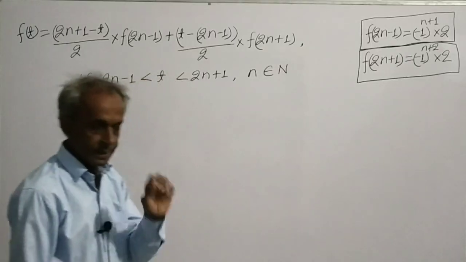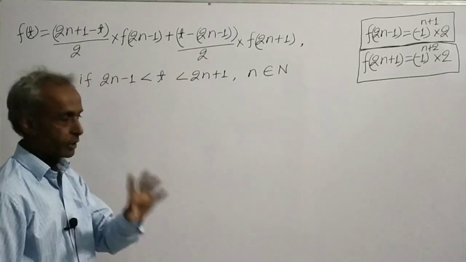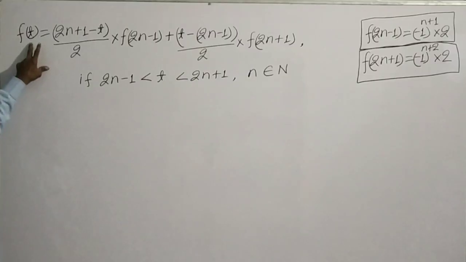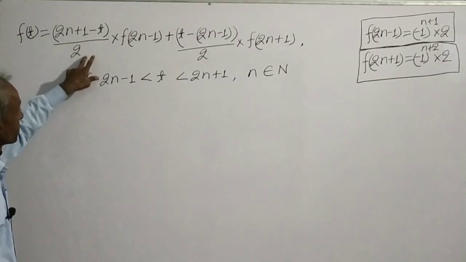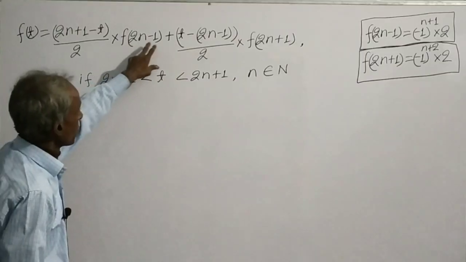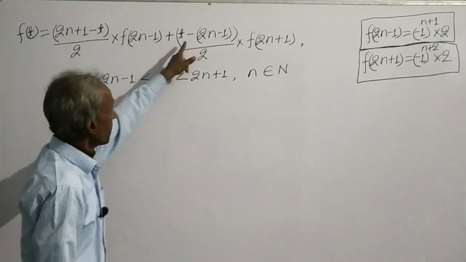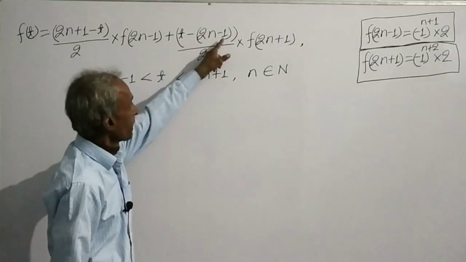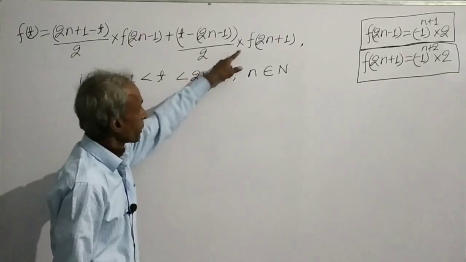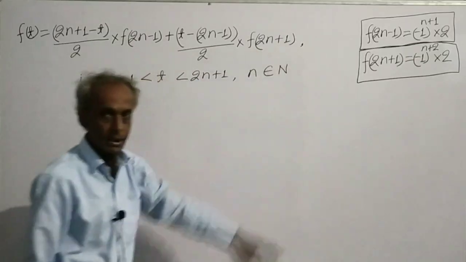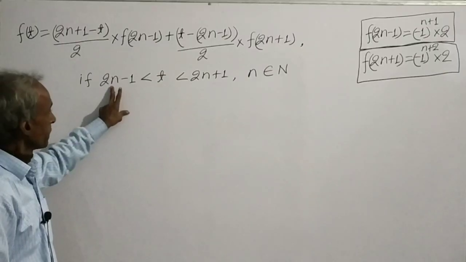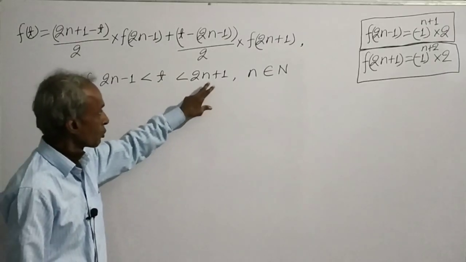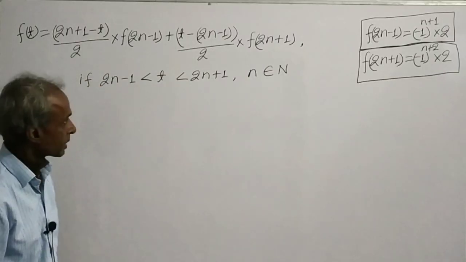Again, it is given in this question that f(t) is equal to (2n+1-t)/2 times f(2n-1) plus (t-(2n-1))/2 times f(2n+1) when t lies between 2n minus 1 and 2n plus 1.